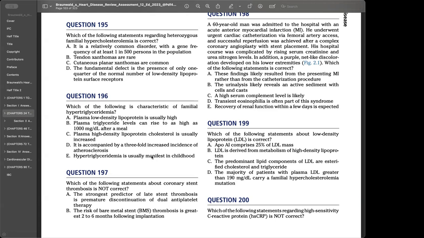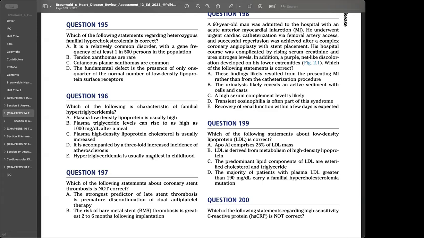So question 197, which of the following statements about coronary stent thrombosis is not correct? A, the strongest predictor of late stent thrombosis is premature discontinuation of dual antiplatelet therapy.